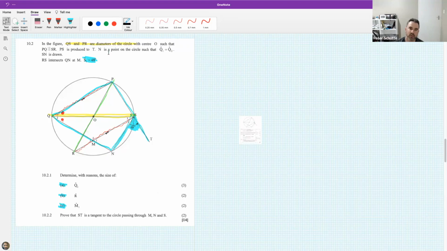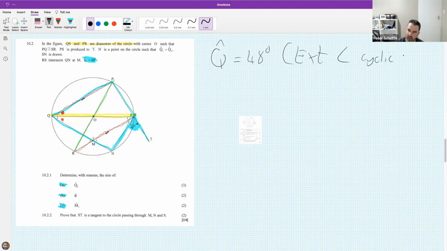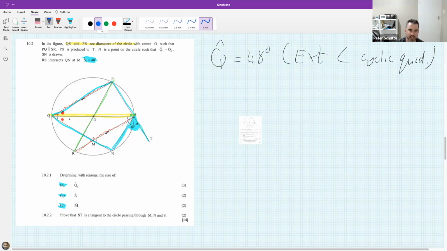Yes, so I see Kristen and Fatejo have pointed this out, that angle Q, the big Q, must be equal to 48 degrees because of exterior angle cyclic quad. So that's good and well that this whole thing is 48. But what is the size of Q1?